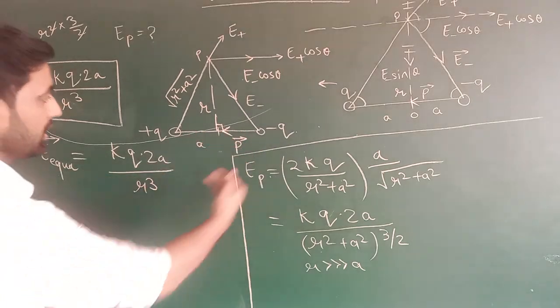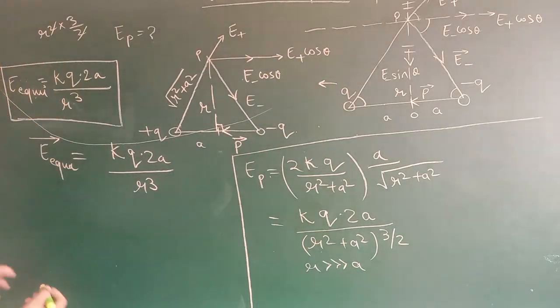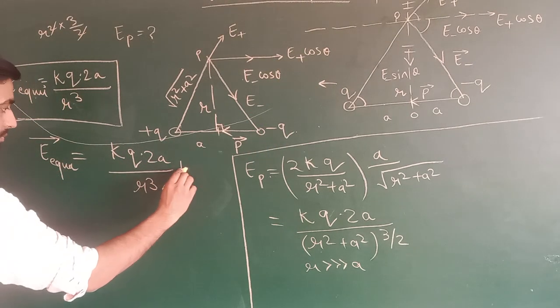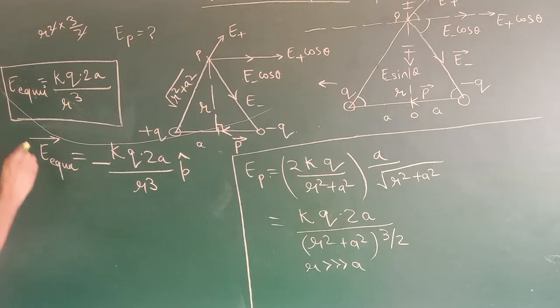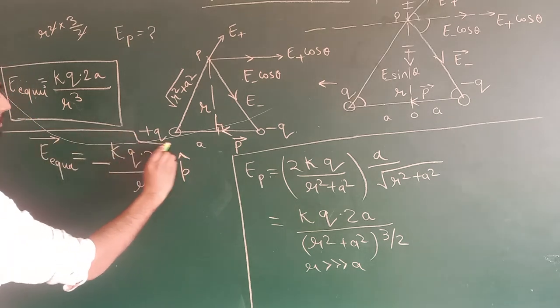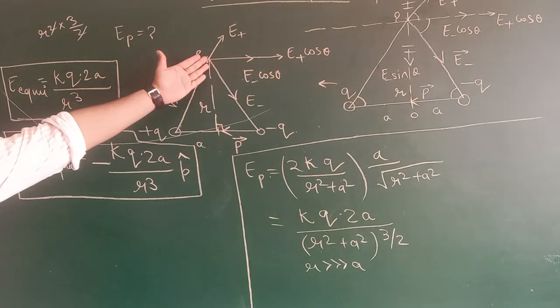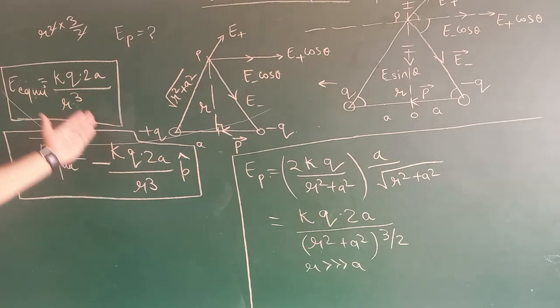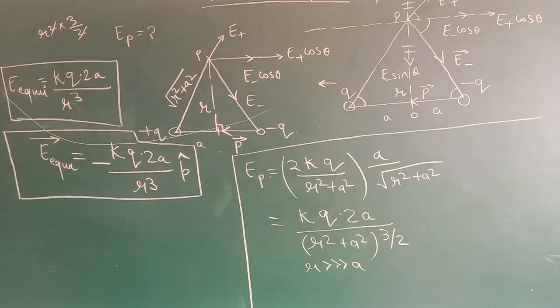Direction of field is leftward and direction of dipole is rightward. So minus sign. So this is the electric field due to a dipole on the equatorial point P, that is kq 2a divided by r cube.